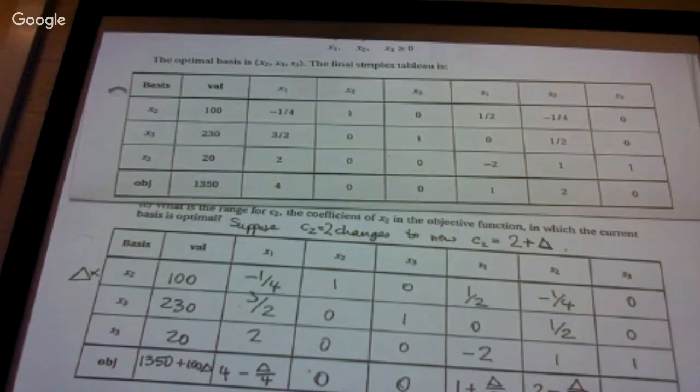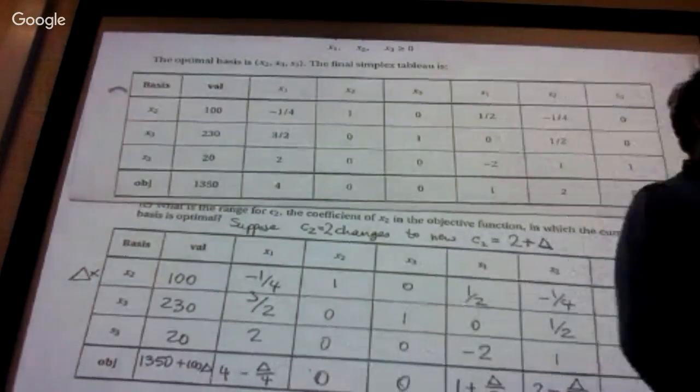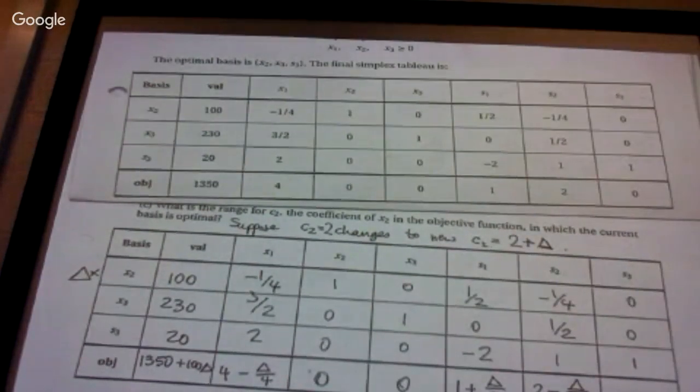Objective row always going positive, so just whatever delta keeps the objective positive. Non-negative, yeah. So all these numbers will have to stay non-negative. And if they do, then we don't have to do anything.